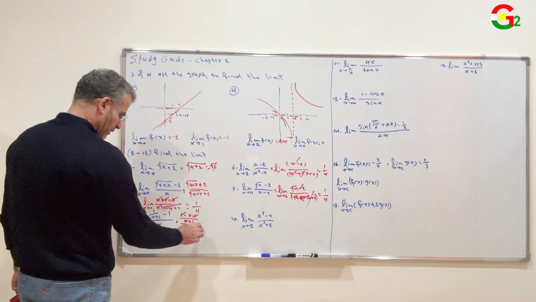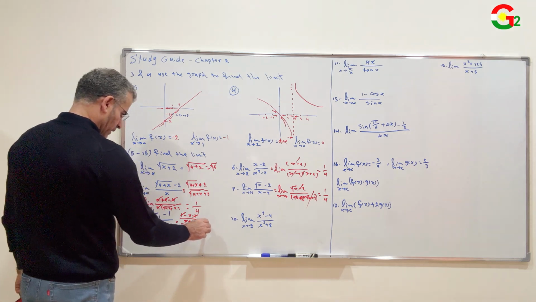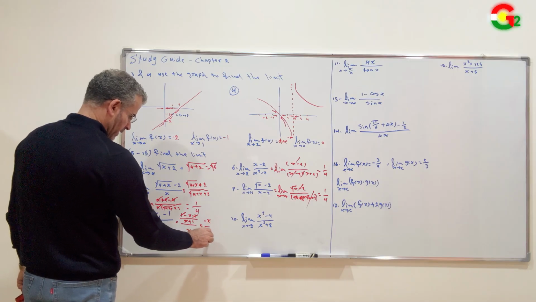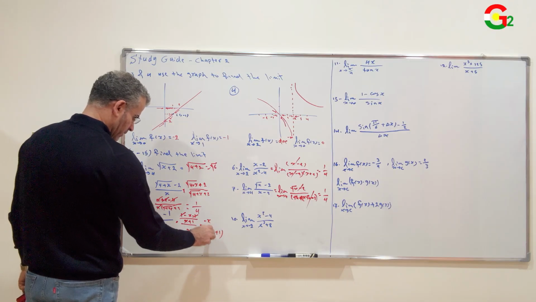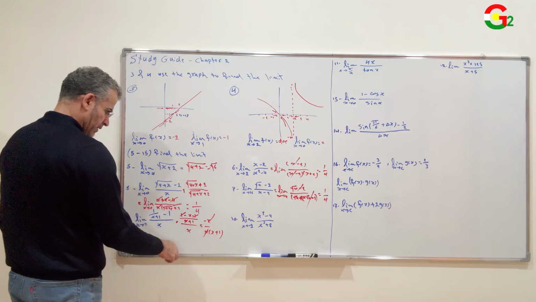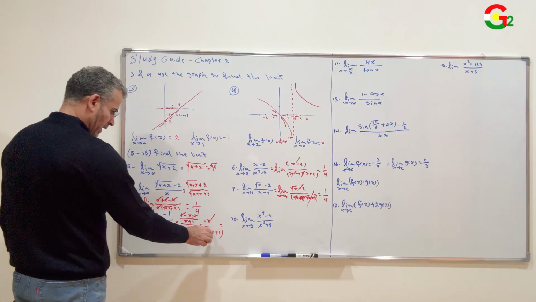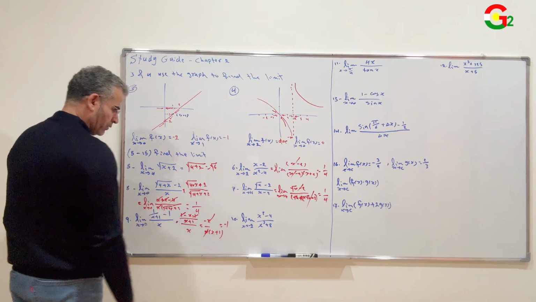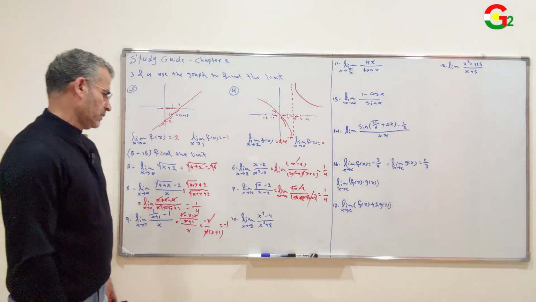Then it will be a negative x over x times x plus 1. X with x, substitute every x with 0, then negative 1 over 1 equals negative 1.